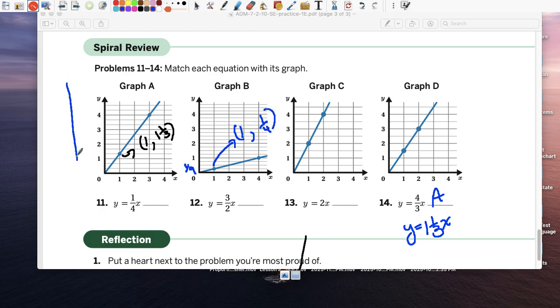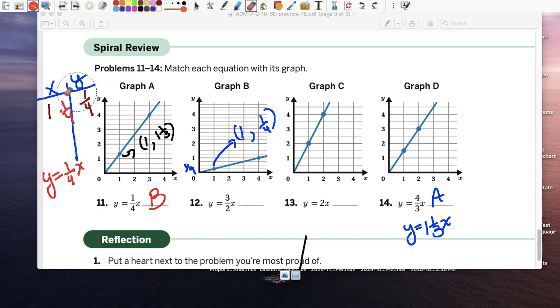Translated to a table, if I have 1 x, I get 1/4 of y. My constant of proportionality is times 1/4. So to write the equation, y equals 1/4 times x. And B is this one.